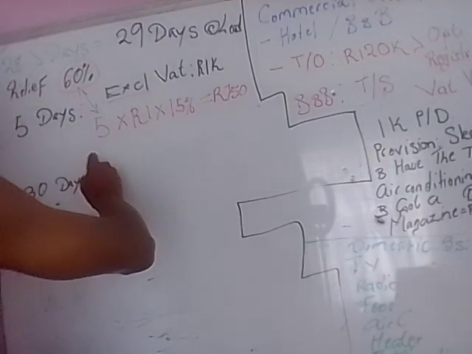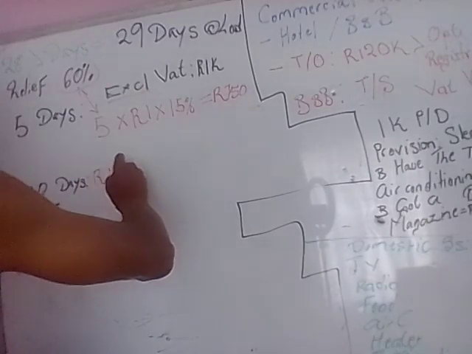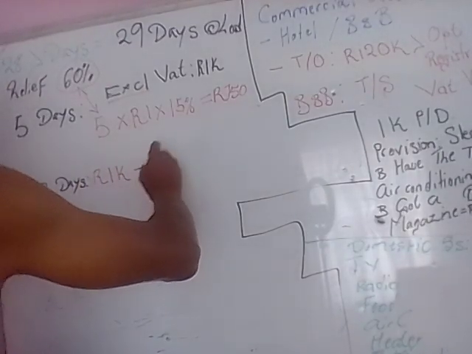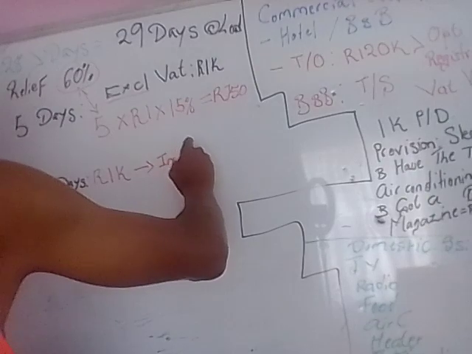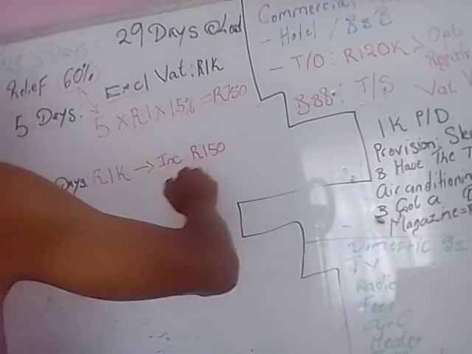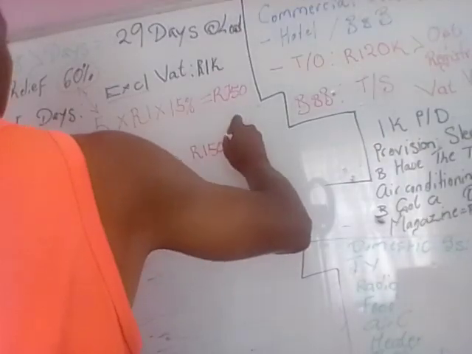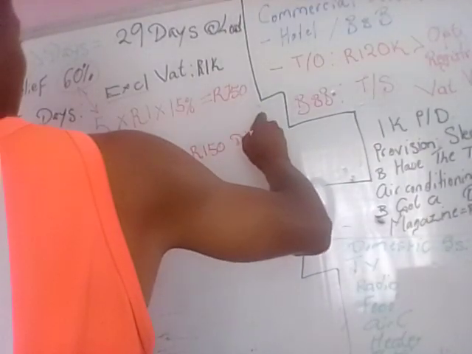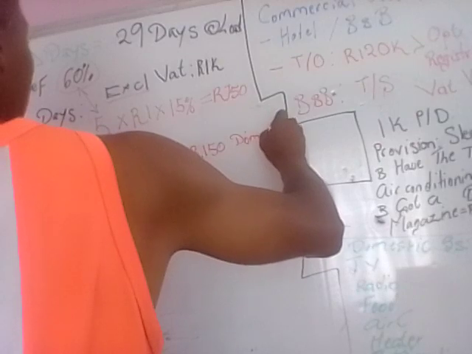But can we agree that the 1,000 rand charge also includes a charge of 150 which does not make up part of the domestic goods?